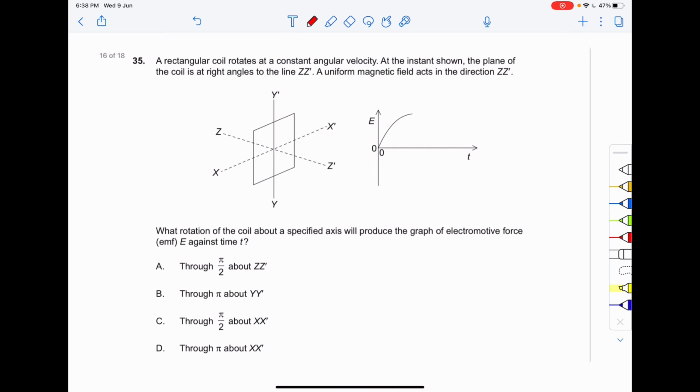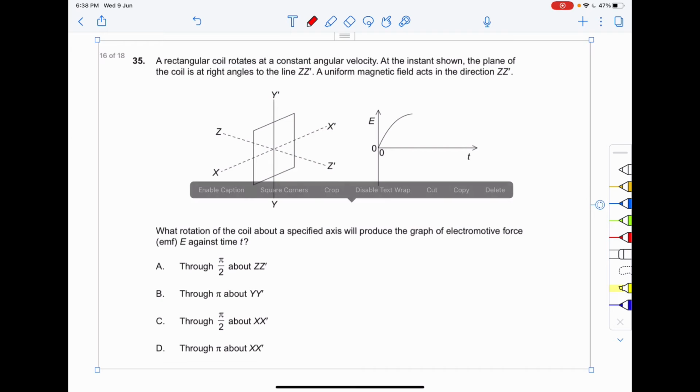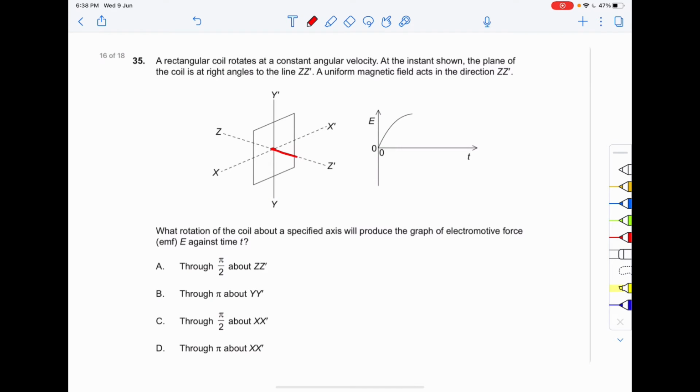So proceeding on to the next question, question number 35. A rectangular coil rotates at a constant angular velocity. At the instant shown, the plane of the coil is at right angles to the line ZZ. A magnetic field acts in the direction of ZZ, right? So the magnetic field is acting in this direction. See that the total graph, if it had been rotating, would be the sinusoidal graph, but the graph is only up to 1/4 of that.